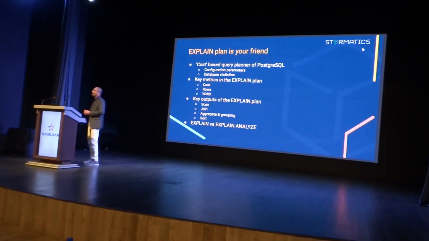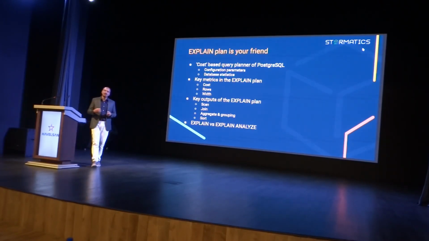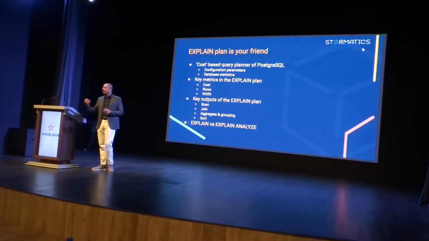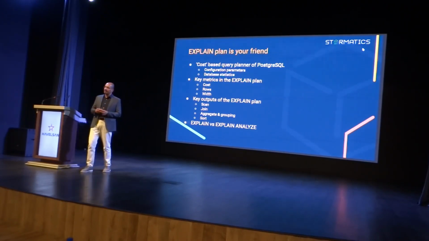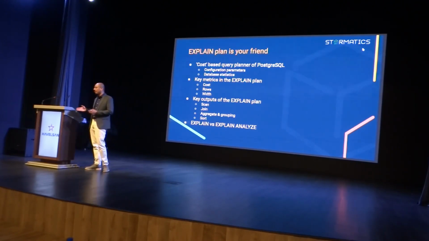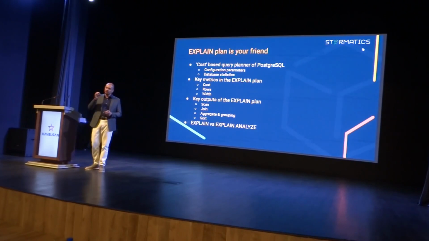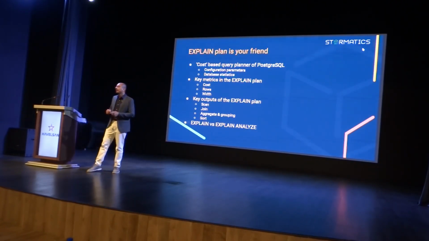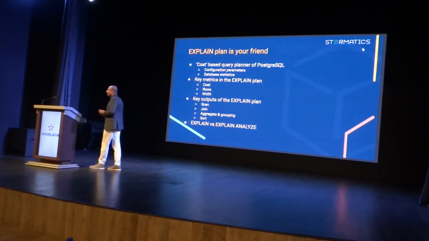The way the query planner works in Postgres is that it uses some statistics from the database, and with every query that needs to be executed on the database, it determines different paths that it can take to execute. And then it picks the shortest path, the most cost-effective path to execute. How does it do it?